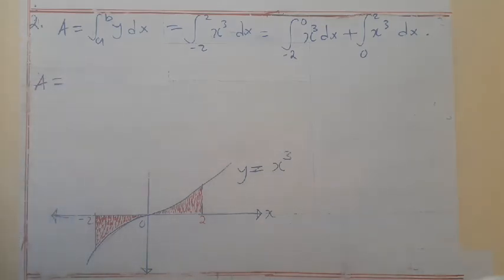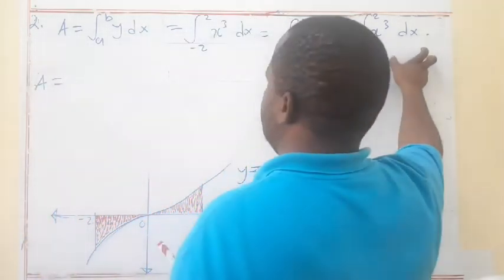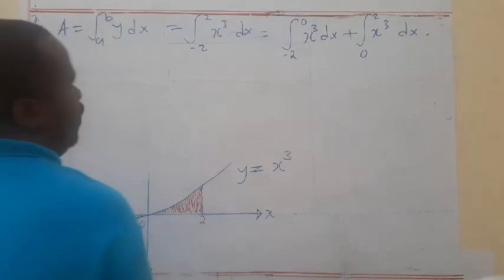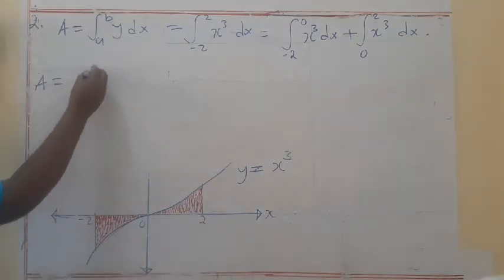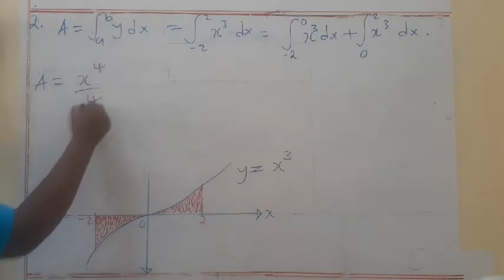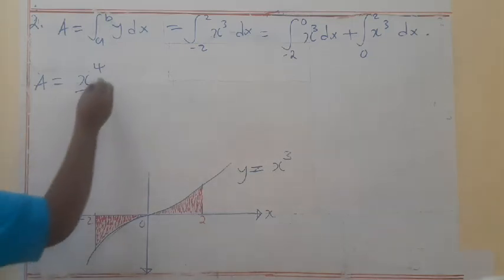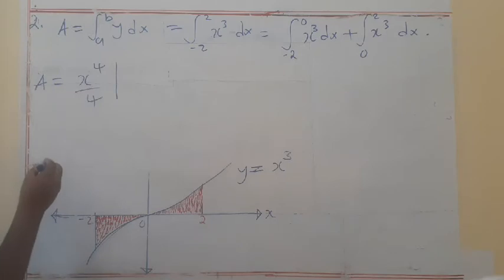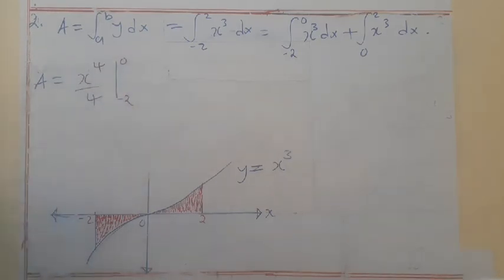Okay, so we can get them separately. So I'll start with this, then get that. Alright? So we are going to say x to the power 4 divided by 4. Now, this, we are integrating from negative 2 to 0.